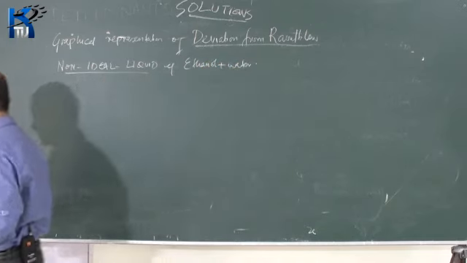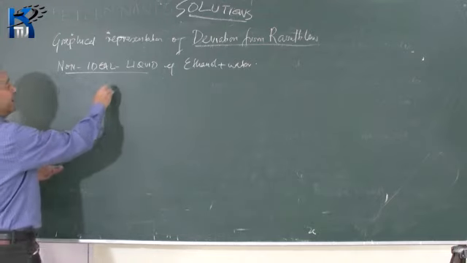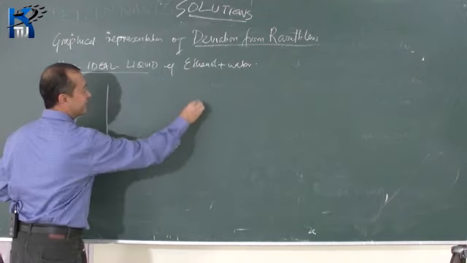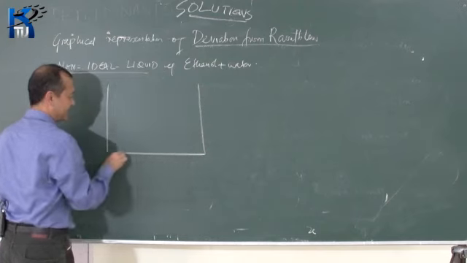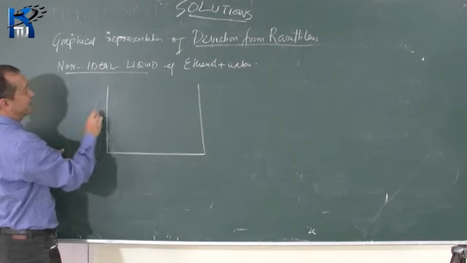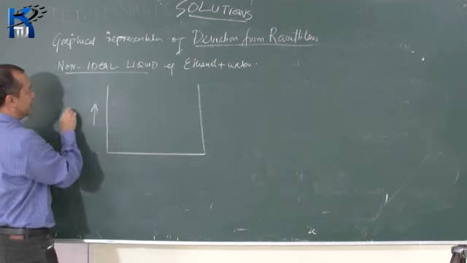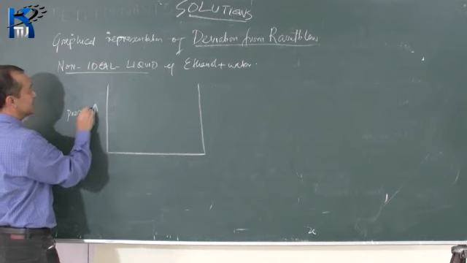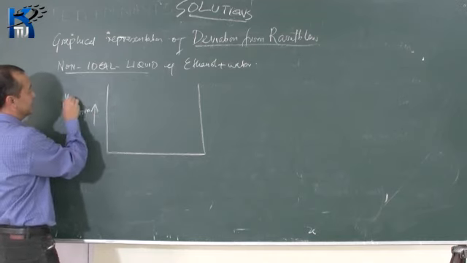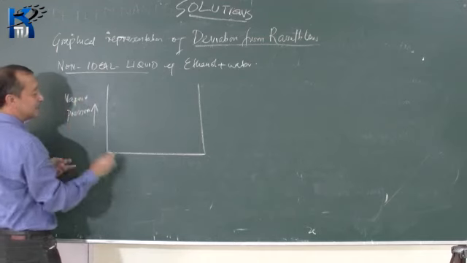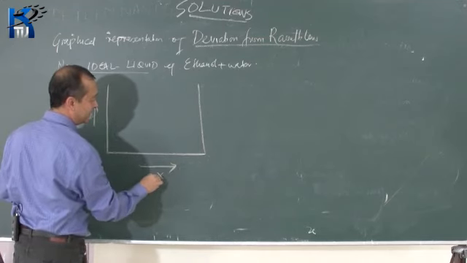Now, if you want to show this in a graph, this will be the graph that you get. As before, you have the vapor pressure on the y-axis and the mole fraction on the x-axis.